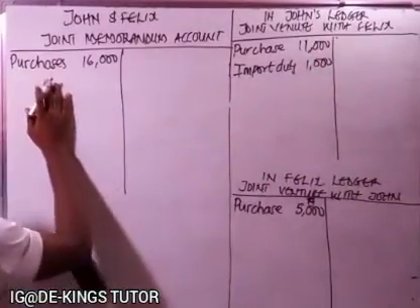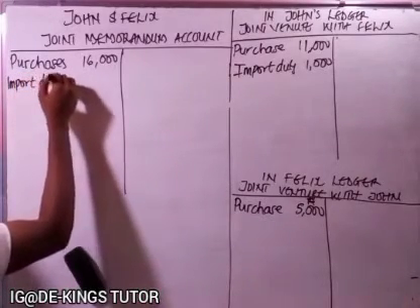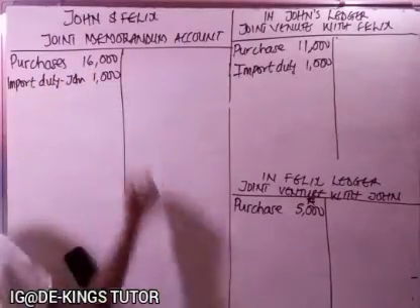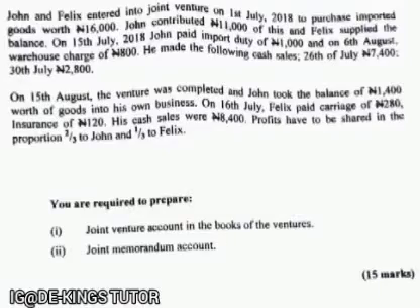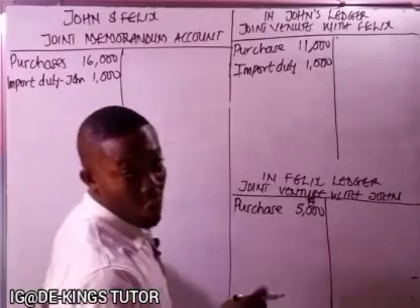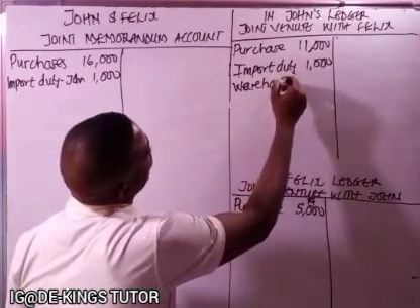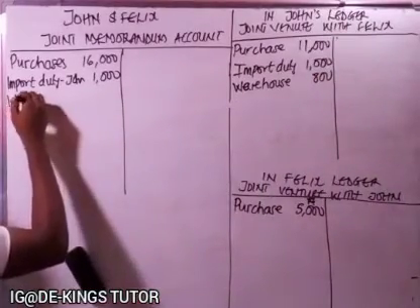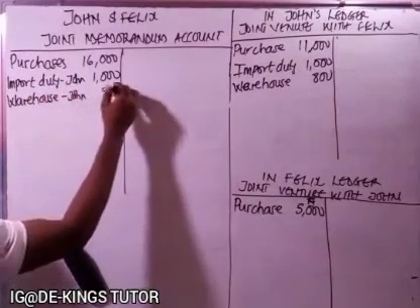So we'll come also to the joint memorandum and write import duty by John 1,000. And the question also said, on the 6th of August, warehouse charge of 800 was also paid by John. So write warehouse of 800. I'll come also here, warehouse by same John 800.